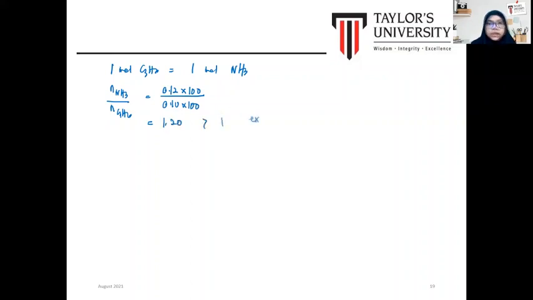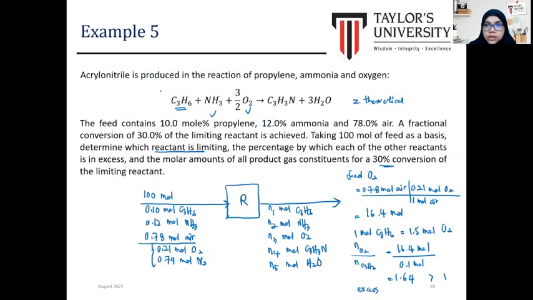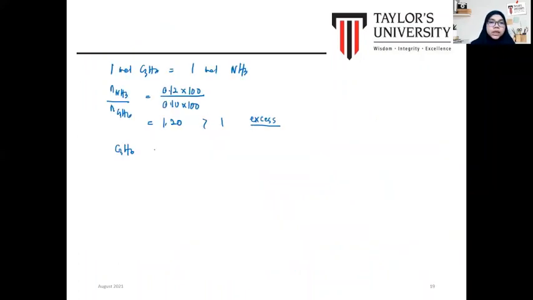So 1.2 is higher than 1. Ammonia is also in excess. How about the propylene here? Propylene should have the same amount as the ammonia, but the given propylene here is much lower. So propylene is the limiting reagent.